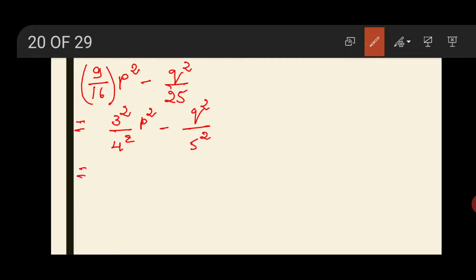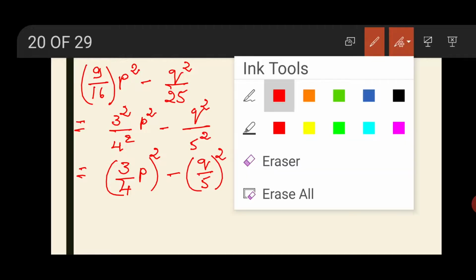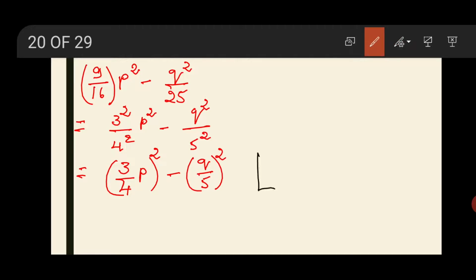So we can write this in the form of (3 by 4 p) whole square minus (q divided by 5) whole square. Now this resembles which identity?